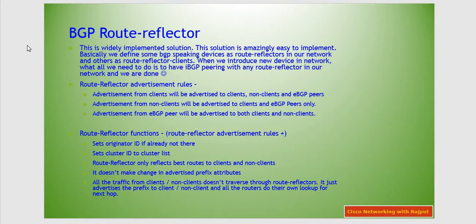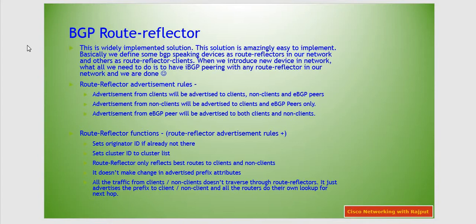If we see the big picture, what we are doing with the help of a route reflector is ignoring the BGP rule of split horizon only for some specific iBGP peers, and those specific iBGP peers are route reflector clients.